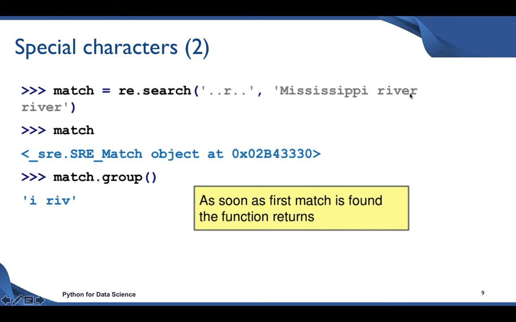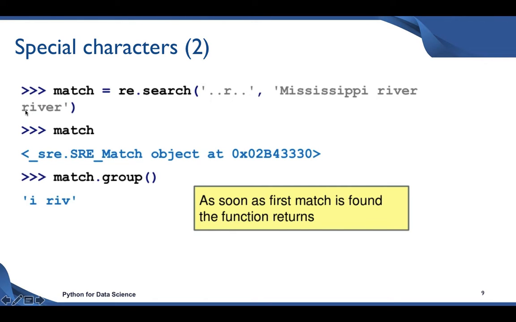We'll first see where r occurs. So it has given riv, and then after it has given space and i. So here space and i and riv. As soon as the first match is found, the function returns.